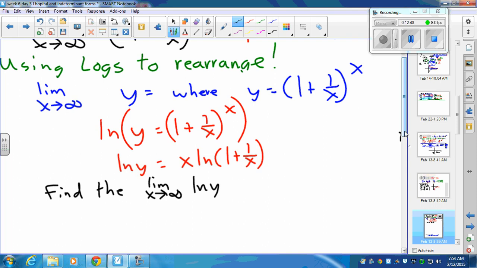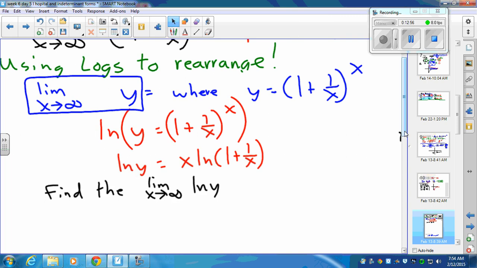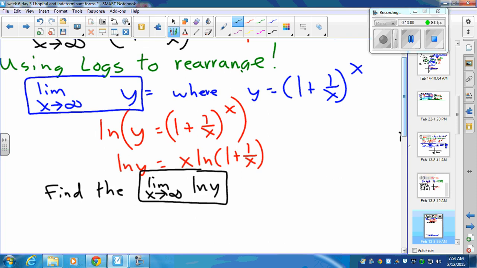So the original question is that. That's what we really want. But we're going to solve this question first. Find the limit as x goes to infinity of ln of y.